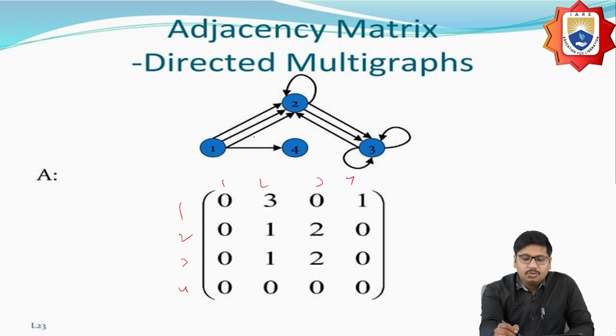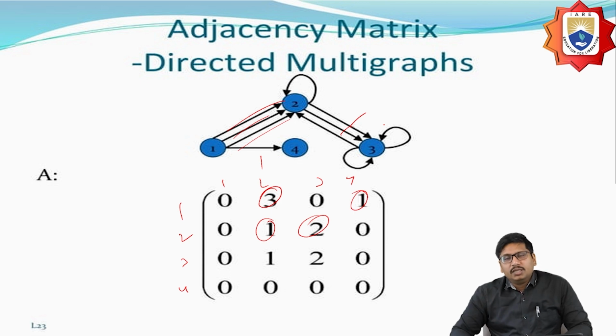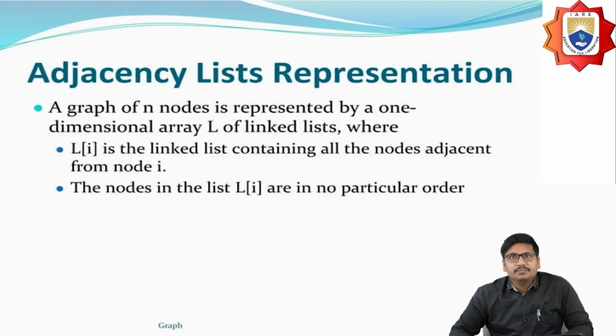From 1 to 2, 3 edges are there, so I'm writing 3, and 1 to 4, only 1, so I'm writing 1. Similarly from 2 to 2, a self loop, is 1, and from 2 to 3 there should be 2. So like this we are going to consider the adjacency matrix.